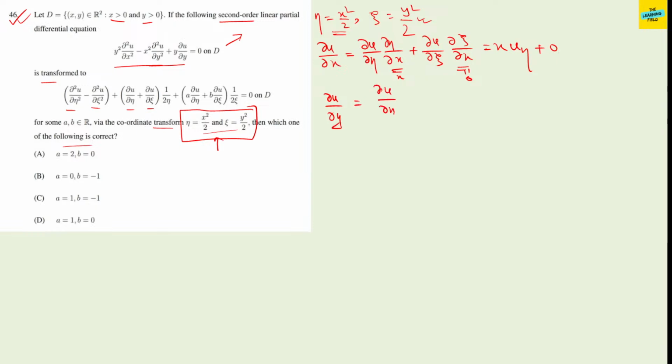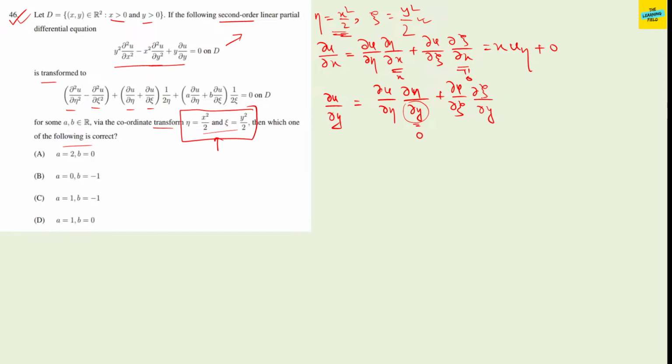∂u/∂η times ∂η/∂y plus ∂u/∂ξ times ∂ξ/∂y. Now ∂η/∂y is 0, because η is only a function of x and this is with respect to y.